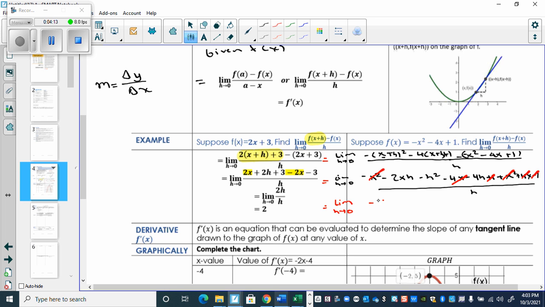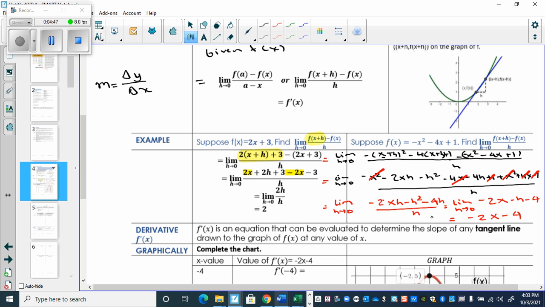So I have negative 2xh minus h squared minus 4h over h. Simplified, I get the limit as h goes to 0 of negative 2x minus h minus 4. Plug in 0, and I get that this limit equals negative 2x minus 4.